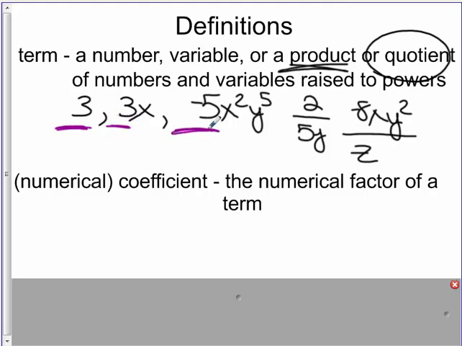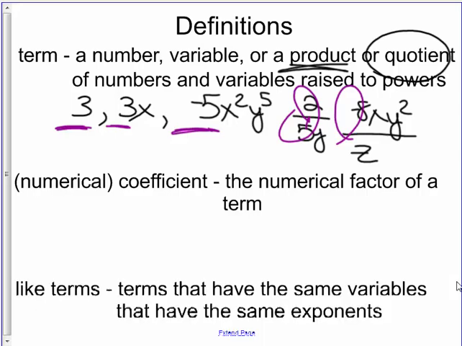In the third one, what number is associated with it? Negative 5. In the fourth one, a little bit tricky, but we have the fraction 2/5. That would be considered the numerical coefficient. And then the last one, just negative 8. So those are examples of coefficients. It's the number that's associated with the term.